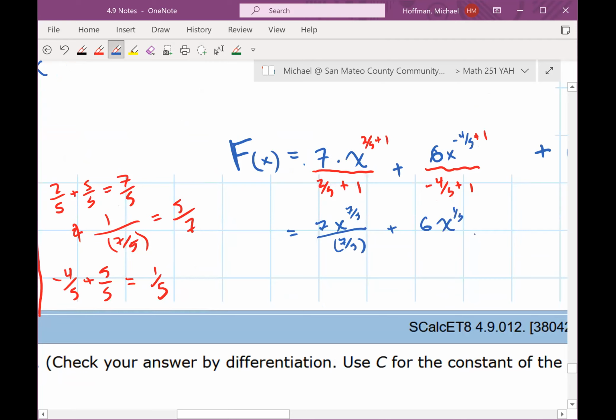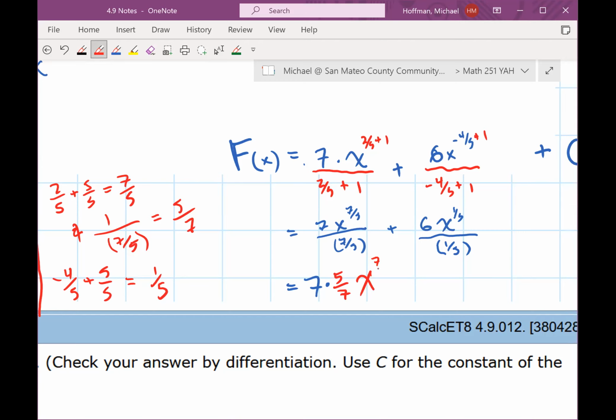What are we dividing by? 1/5. Now we can take those reciprocals and multiply. These are now just going to be my original constant in front, 7 times the reciprocal 5/7, plus this new power function, x to the 7/5.